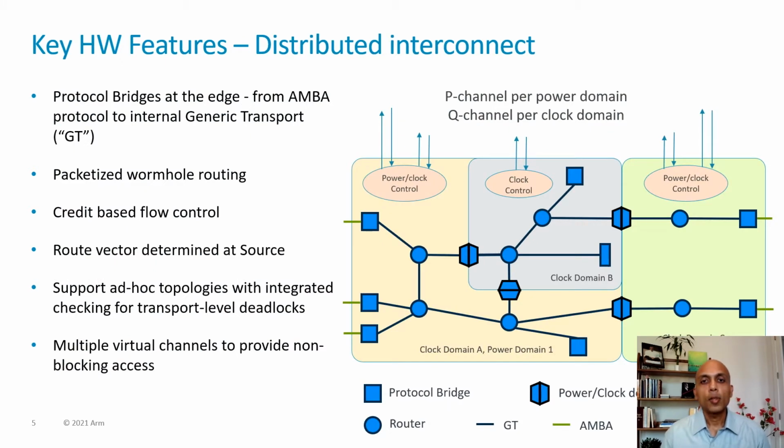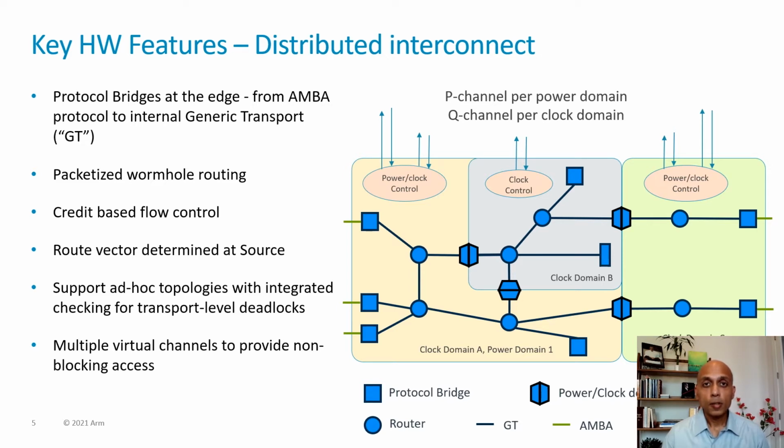So starting with the distributed interconnect. The picture on the right shows an example topology of an NI700 interconnect, and you can see that it has multiple clock and power domains. The blue rectangles represent the protocol bridges that interface with the external AMBA protocol.